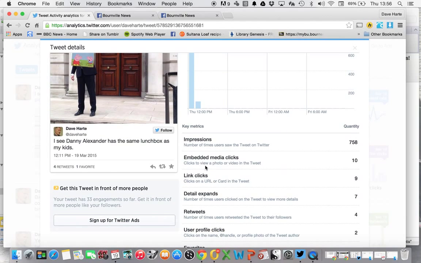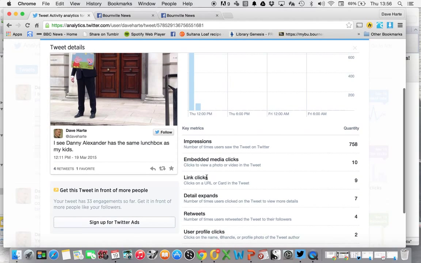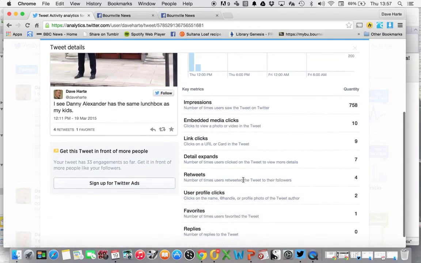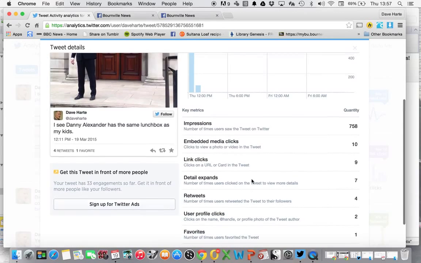So, clicks to view a photo or a video in a tweet. There were some 10 clicks on the media in there. Depending on the Twitter client you're using, sometimes you have to click the link out to the picture. So there were 9 link clicks. Some software now doesn't show the picture as default.